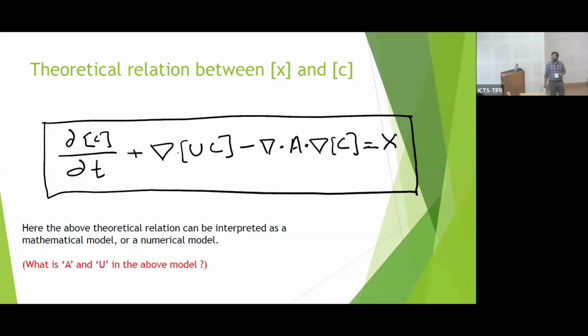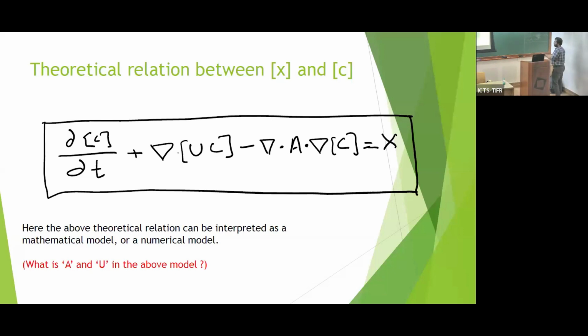Can you tell what A is here? Anybody? People who are familiar with atmospheric modeling or ocean modeling or fluid dynamics can tell what A is. A is called the diffusion coefficient. And what is U? It must be the wind, the vector, or the transport, or the wind basically, right?